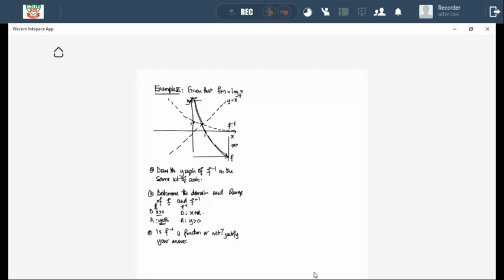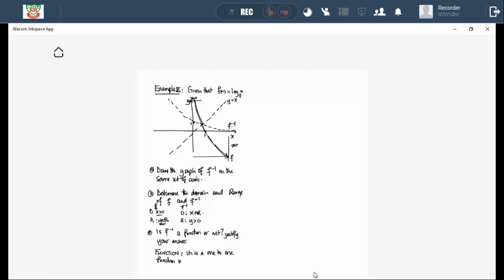Now the last question: is f inverse a function or not? If you look at the dotted line, this is going to be a function. What type of function is that? It's a one-to-one function. It passes both the vertical line test and the horizontal line test. So you can say it is a one-to-one function.